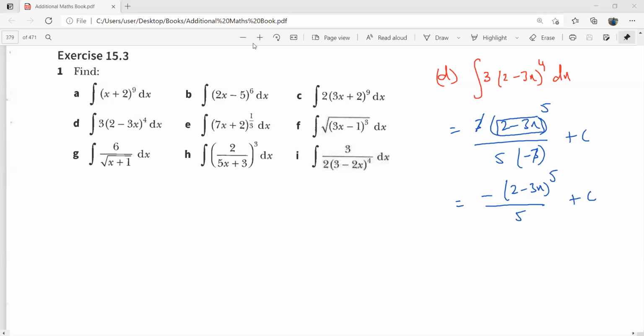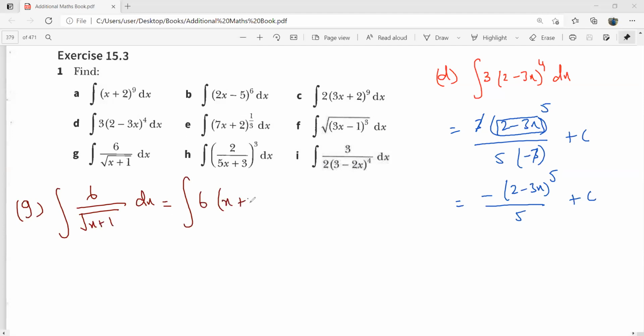Now, look at this G part. It is 6 over under root x plus 1. So first of all, you will write it as 6 into, you should not allow anything in the denominator. Remember this, okay?